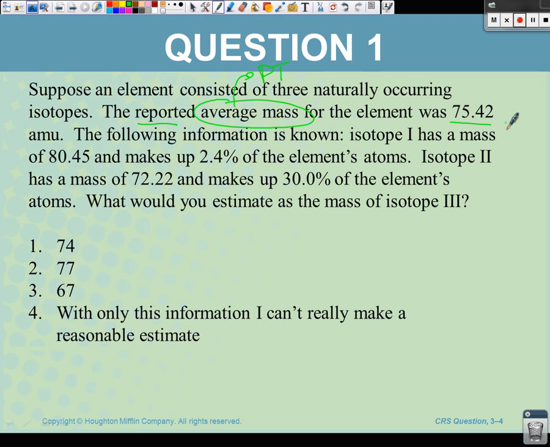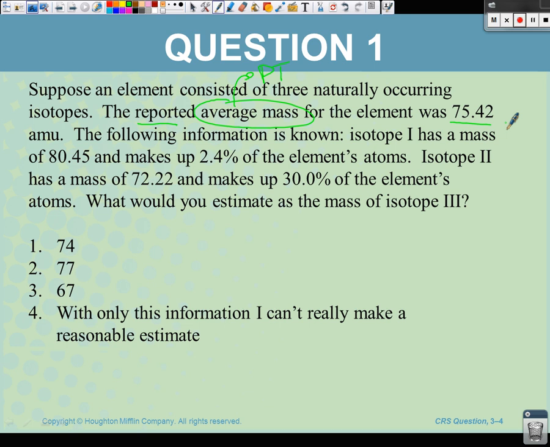The following information is known. Isotope 1 has a mass of 80.45 and makes up 2.4% of the element's atoms. All right, so if I handed you a bag of 100 atoms, and I told you that there are three different mass atoms in that bag, so atom 1, atom 2, atom 3.